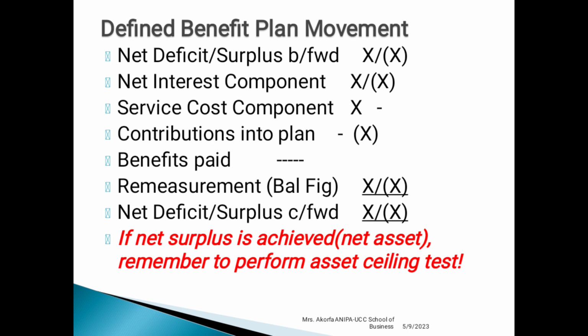Benefits paid, that is if any. Remeasurement is the balance figure. It can be a positive or a negative figure. Then we get our closing net deficit or surplus. So the net deficit is a positive balance and the surplus is a negative balance.